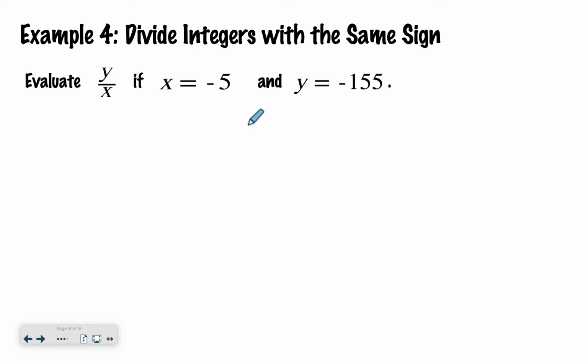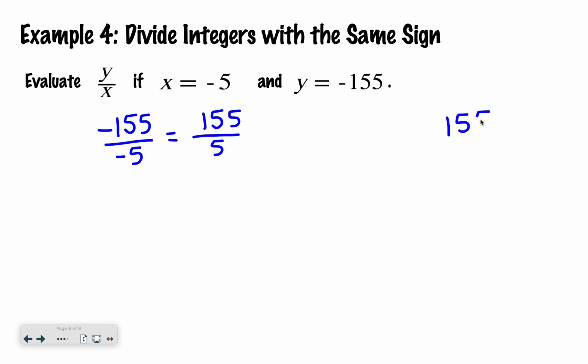Evaluate y divided by x if x equals -5 and y equals -155. So I'm going to write that out. So I'm going to say -155 all over -5. A negative divided by negative is positive, so I'm instantly going to change that. And then I want to figure out how many times 5 goes into 155. So I know 5 can't go into 1, but it can go into 15.